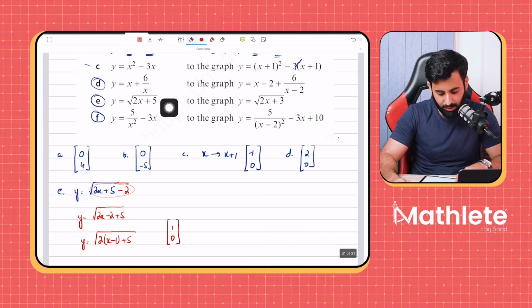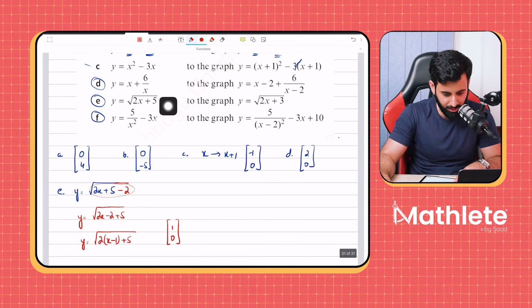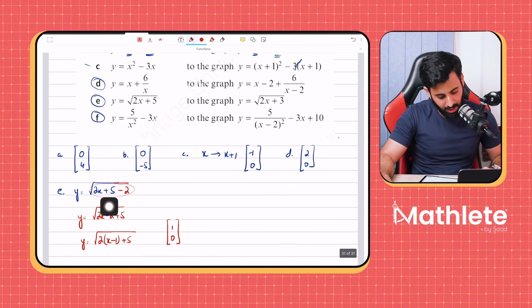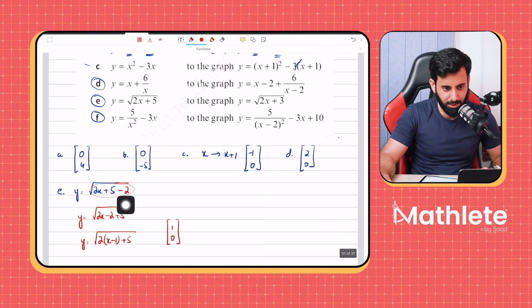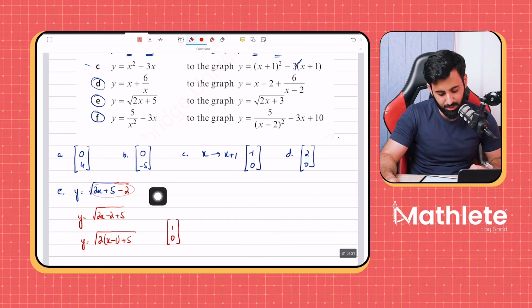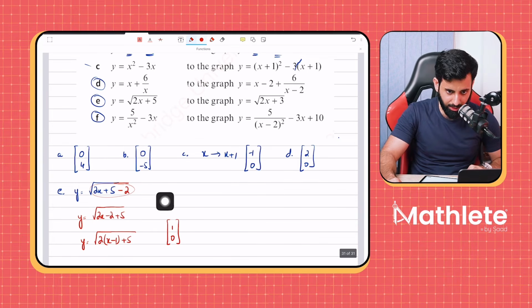There's nothing outside of the square root that's being added or subtracted. Whatever has happened inside the square root is how we got this 5 to turn into 3. You can do that by simply subtracting 2. Again, this does not mean that it's a vertical translation, because a vertical translation would have meant that you have the minus 2 outside the square root.